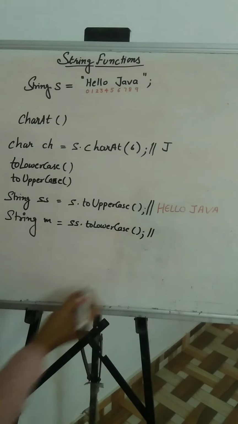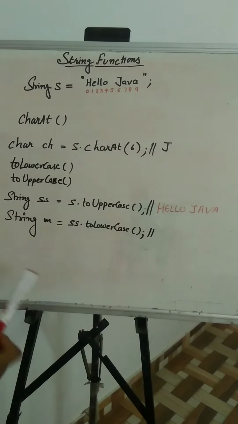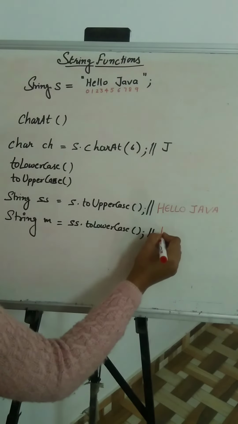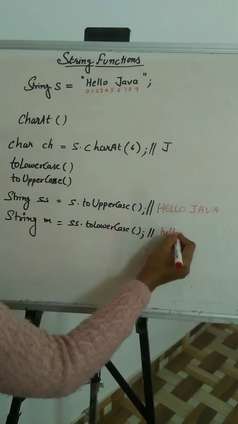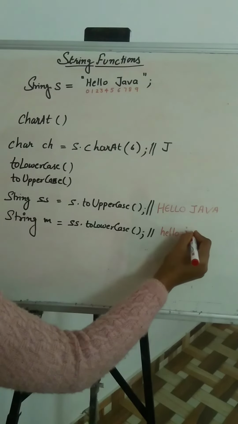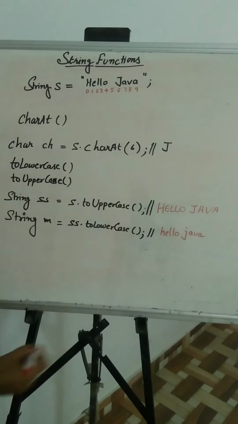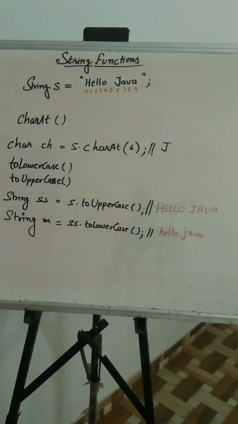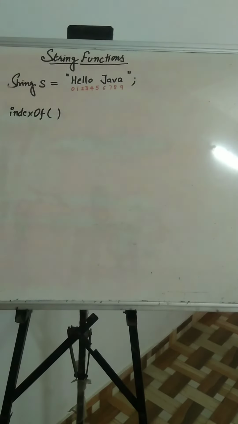So according to this statement, it will print all letters in small form, hello Java. Clear? These are the functions: charAt function, length function, toLowerCase and toUpperCase. Next function is the indexOf function.